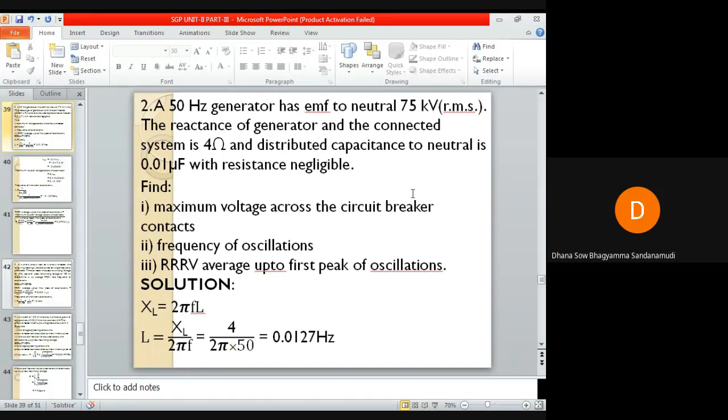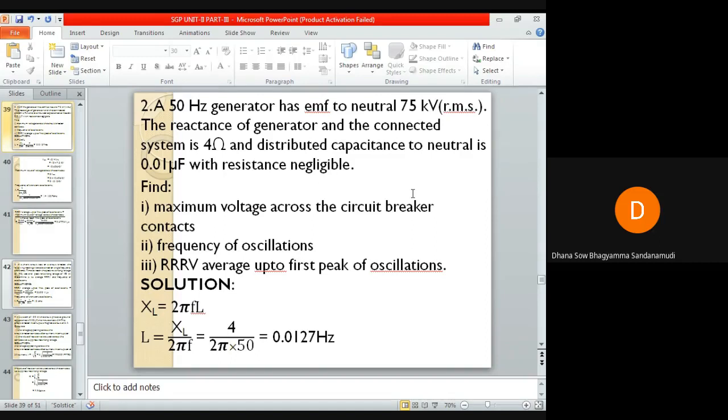And the reactance of the generator and the connected system is 4 ohms, and the distributed capacitance to neutral is 0.01 microfarad with resistance negligible. So you have to determine the maximum voltage across the circuit breaker contacts, frequency of oscillations, and the average rate of rise of restriking voltage up to the first peak of the oscillations.